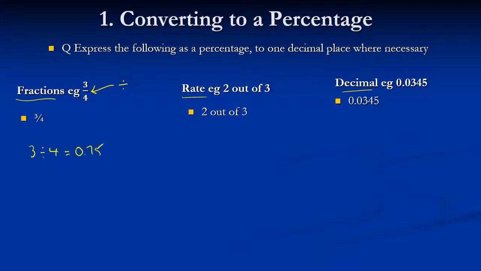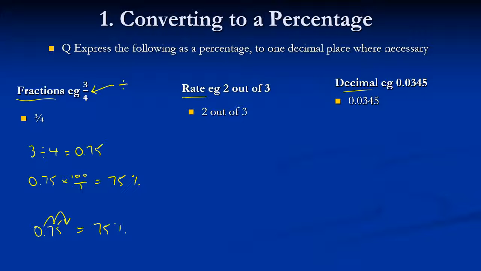Now to convert that into a percent, you would need to go 0.75 times 100 over 1, and that would give you 75%. Now I would just find that easier to move the decimal place 2 places. That's the beauty of our metric system, and multiplying any number by 100, you can just move that decimal place 2 places.